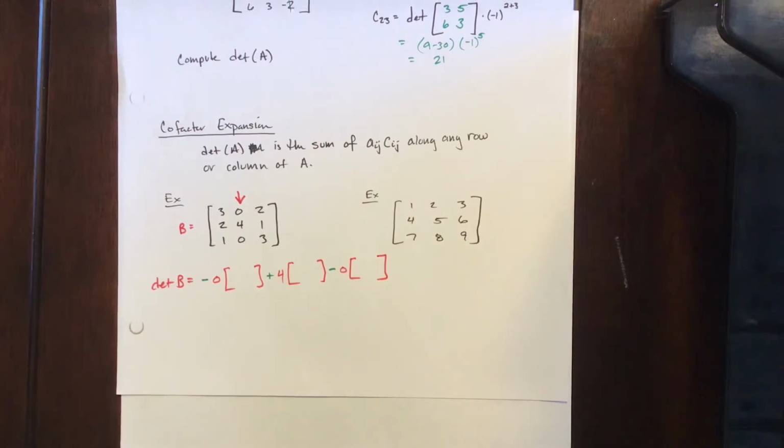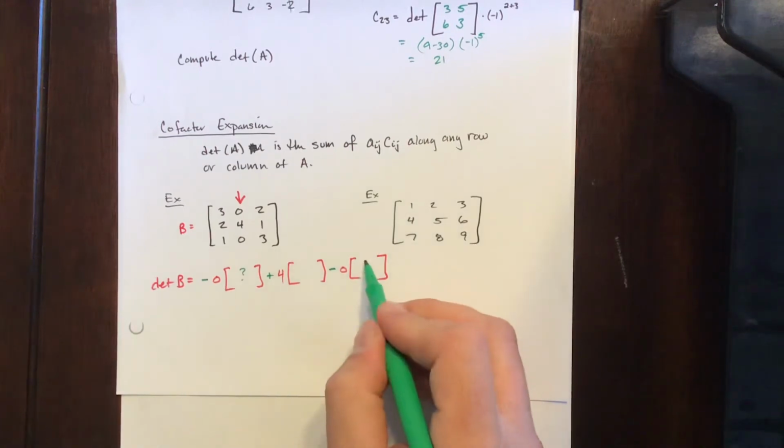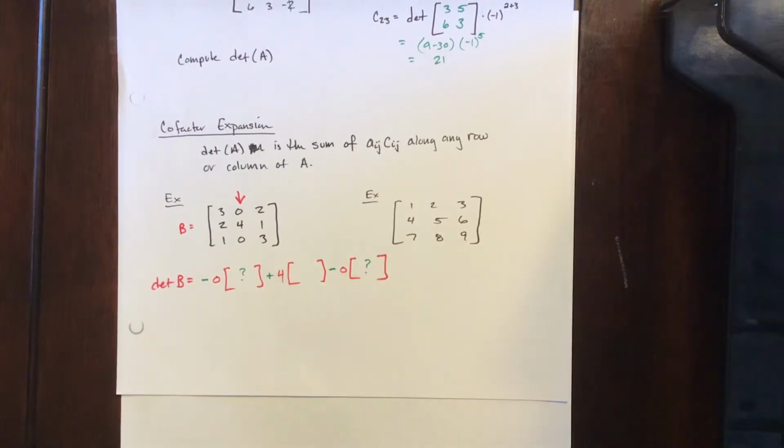But does it really matter what's in this matrix or in this matrix? No, it really doesn't. Really what goes in this matrix is 2, 2, 1, 1, 3, and what goes in this matrix is 3, 2, 2, 1. But I'm going to multiply that by 0 anyway, and so that drops off.